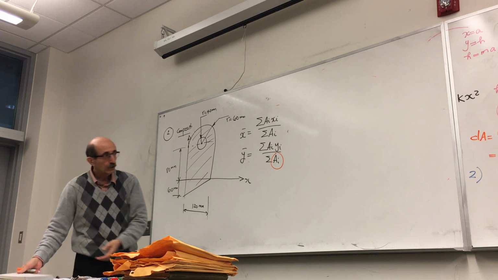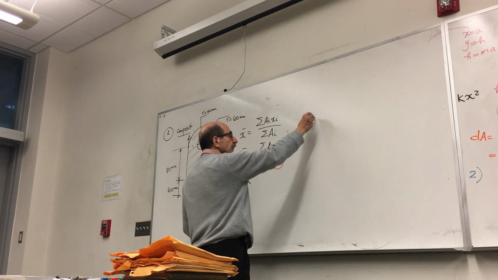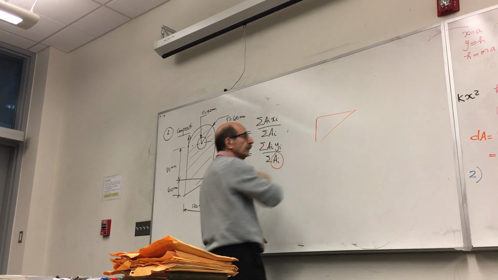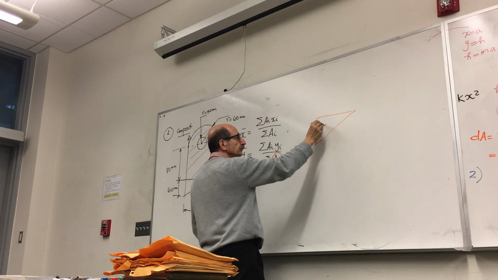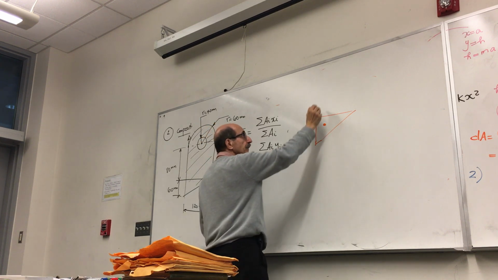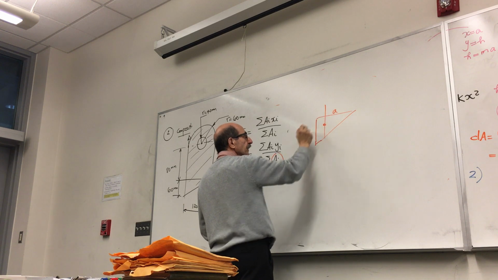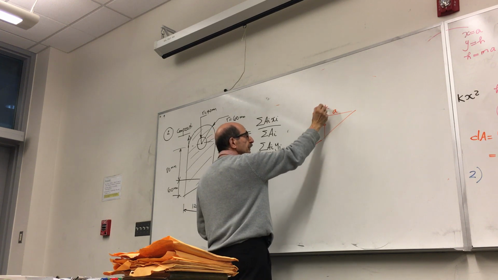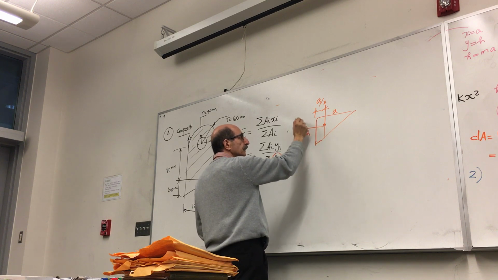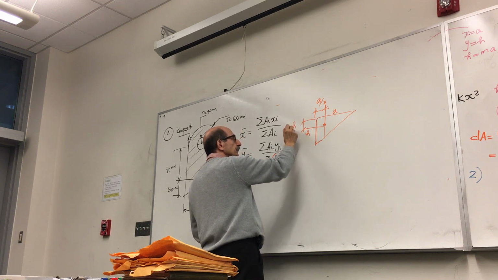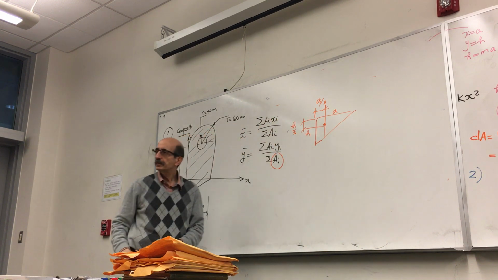What do I mean by that? For instance, if you have a right angle triangle, you would know that the centroid of this shape is located, if this is, say, A, this is H, at 1/3 of the distance from this side and 1/3 of the distance from here.